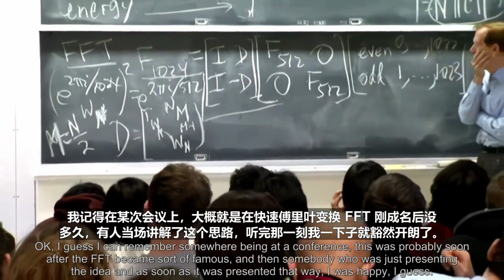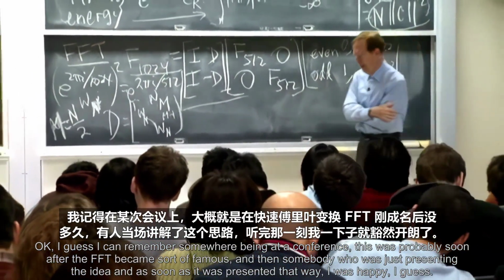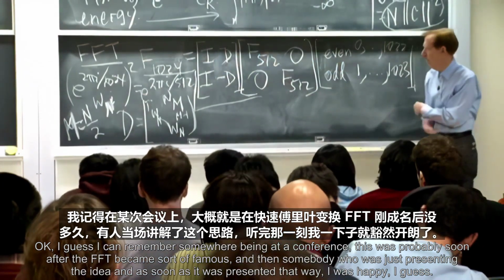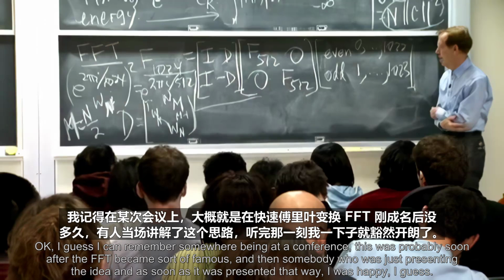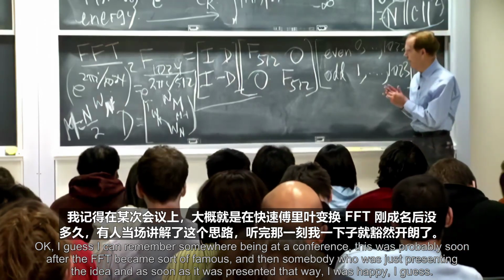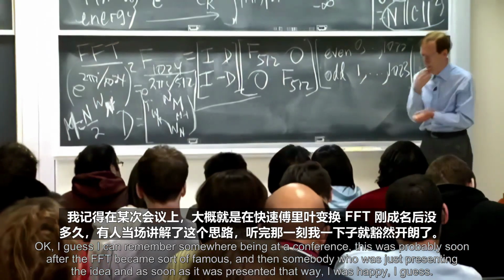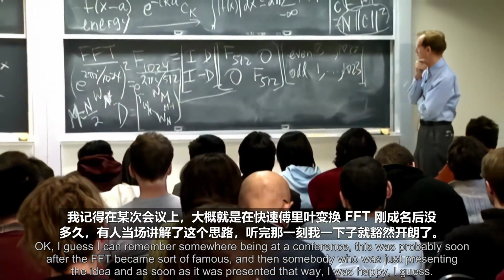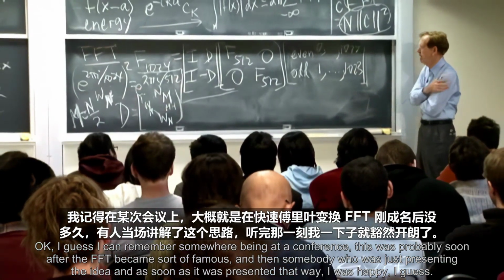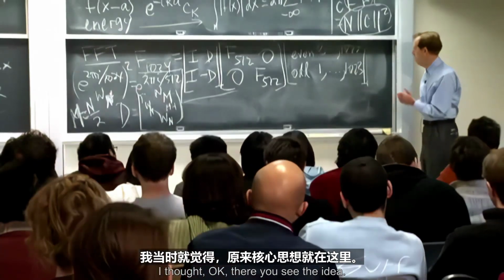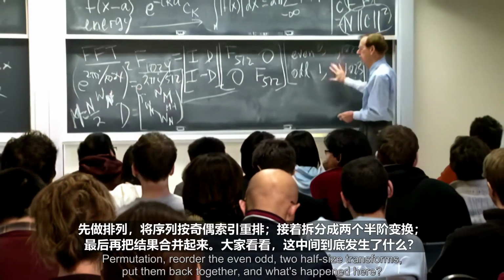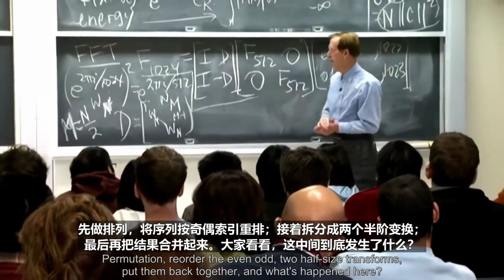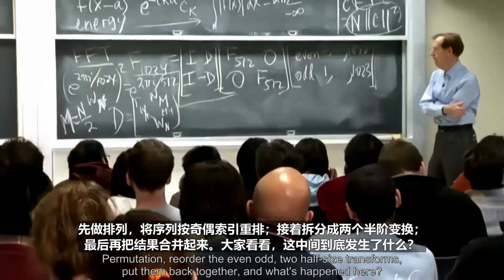Okay, I can remember somewhere being at a conference. This was probably soon after the FFT became sort of famous, and somebody was just presenting the idea, and as soon as it was presented that way, I was happy. I thought, okay, there you see the idea. Permutation, reorder the even, odd, two half-size transforms, put them back together, and what's happened here?